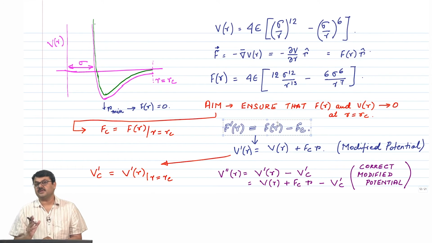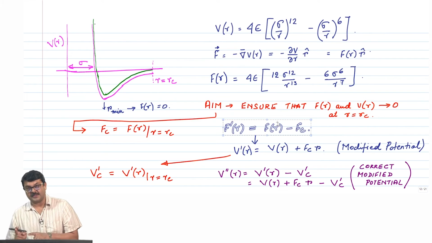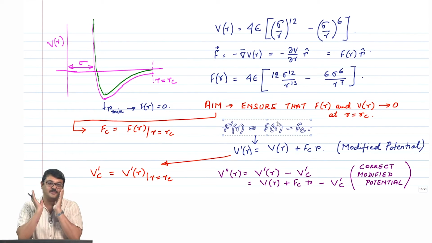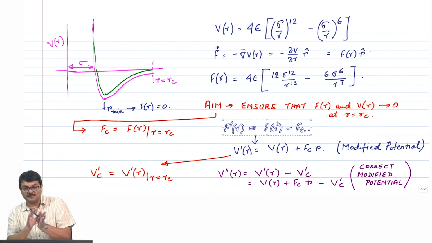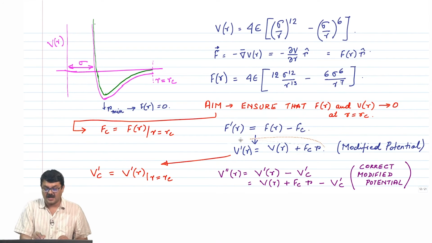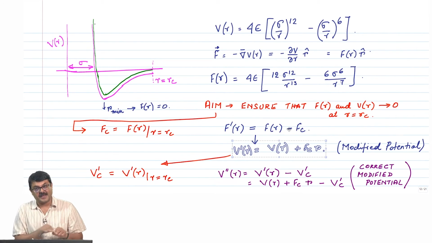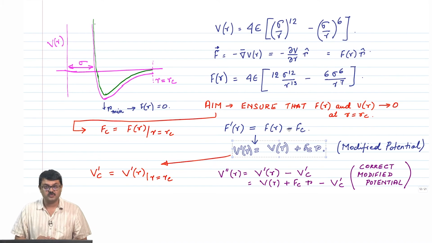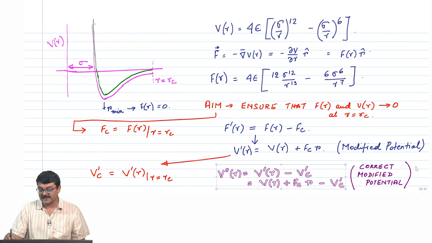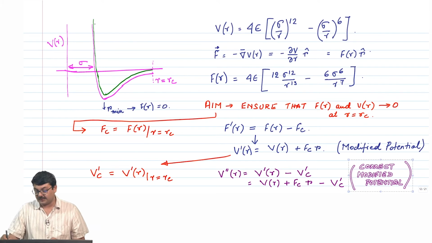So what we do is not start from the potential, set it to 0 and then calculate the force, but first calculate the force, ensure that it goes smoothly to 0, work out what the modified potential is, which is V dash r in this case, and then from that ensure that that quantity goes smoothly to 0 at r equal to r c and remains 0. So, that is how you do it, right, and that is the correct modified potential.